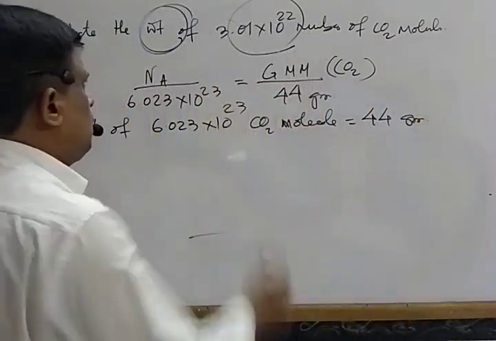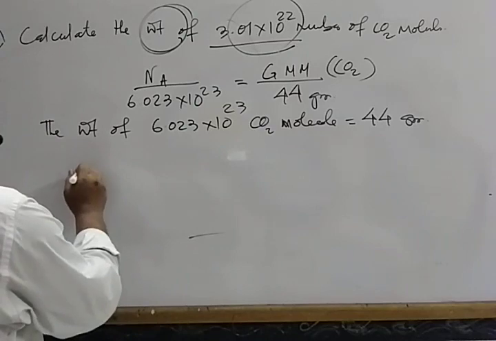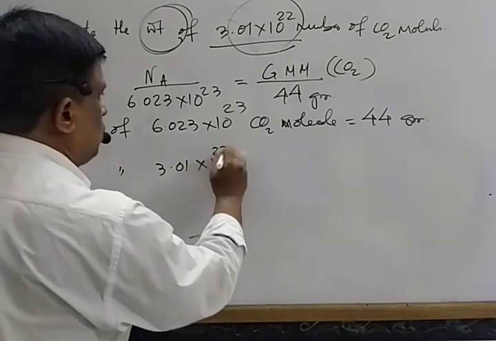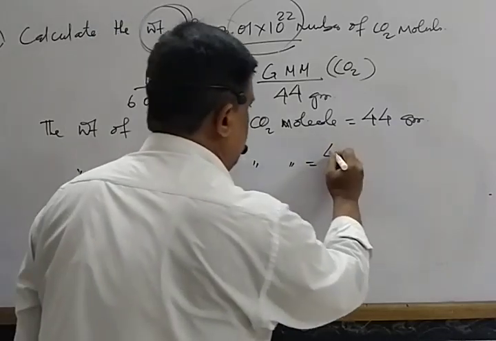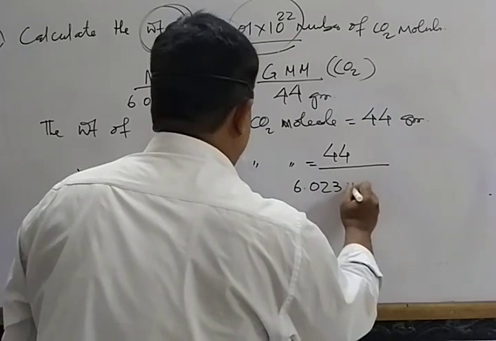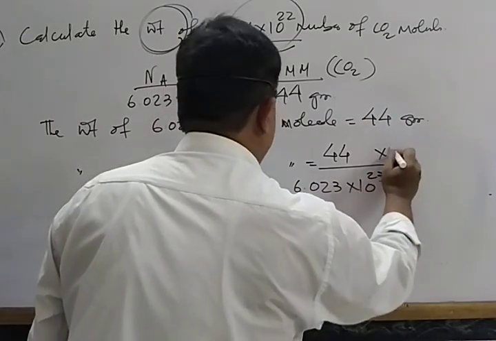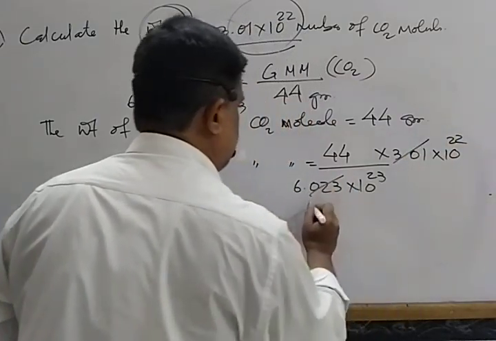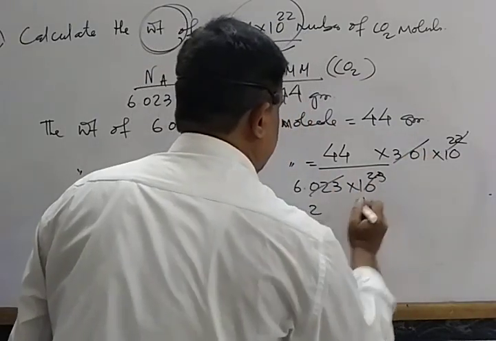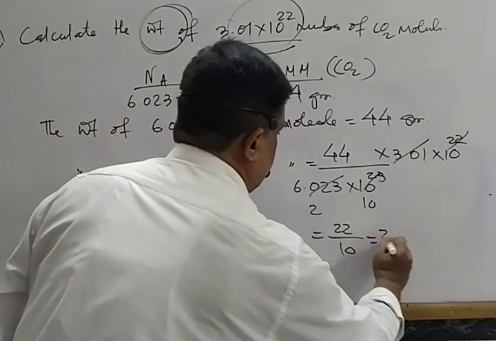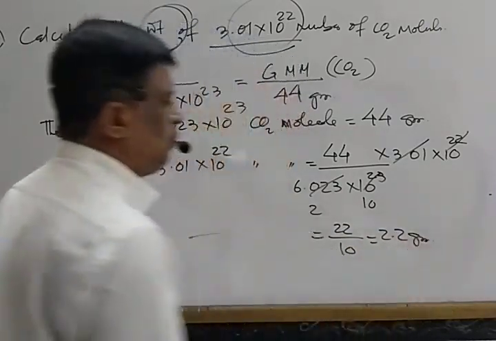So according to the question, the weight of 3.01 into 10 to the power 22 CO2 molecules is equal to 44 divided by 6.023 into 10 to the power 23 into 3.01 into 10 to the power 22. This one cancels 2, this one cancels 10. That means 22 by 10, that is 2.2 gram.